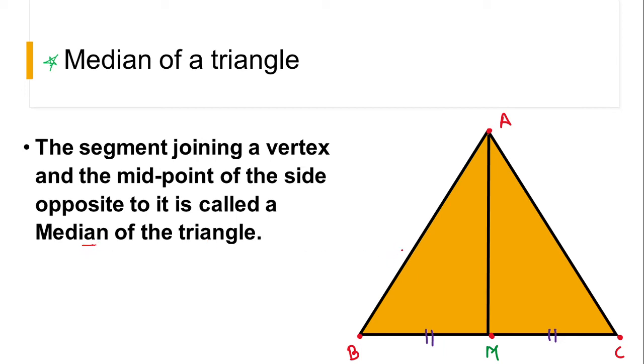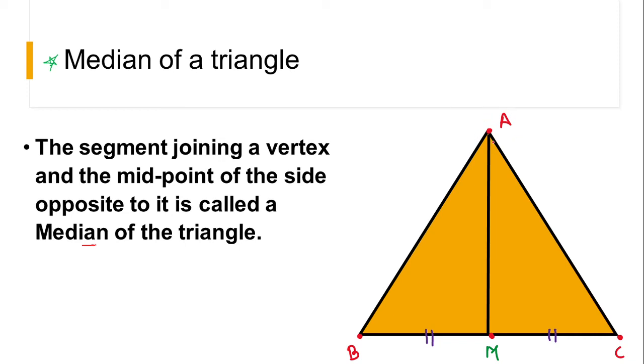Okay, see children, here I have taken triangle ABC. Now the triangle ABC has three vertices, one is A, then B and C. Okay, so opposite to each vertex, there is a side.